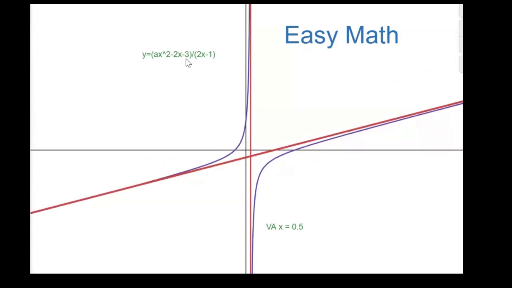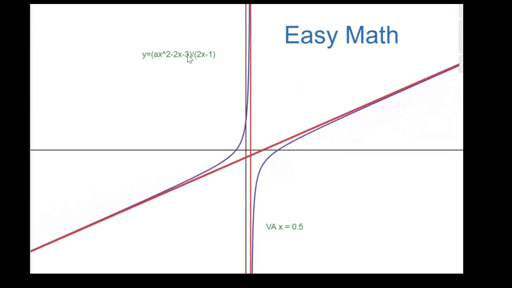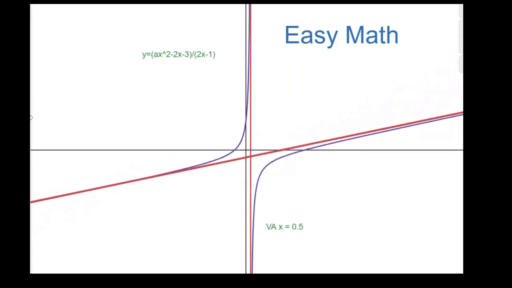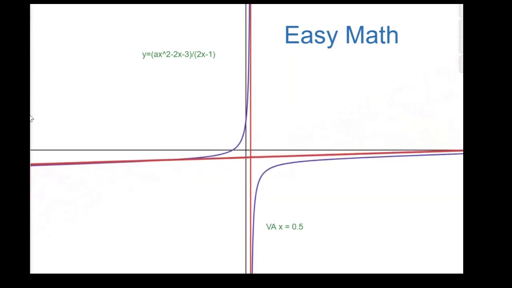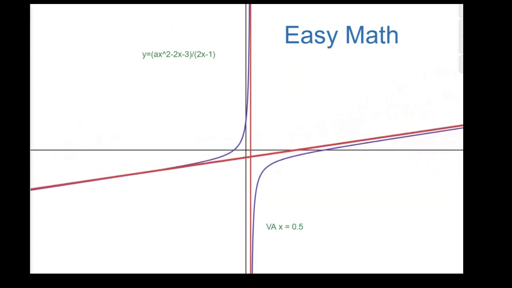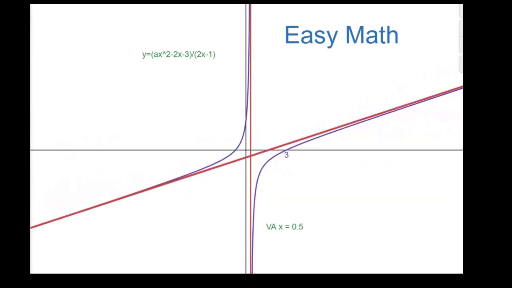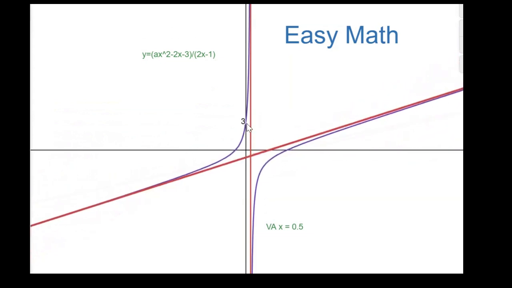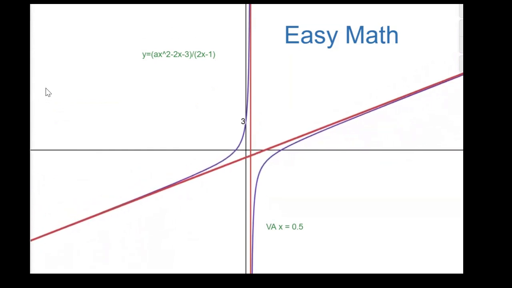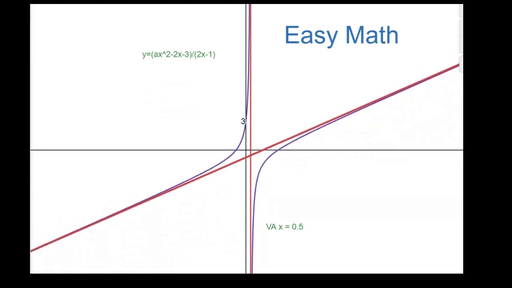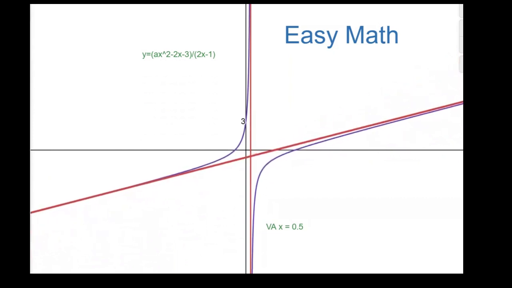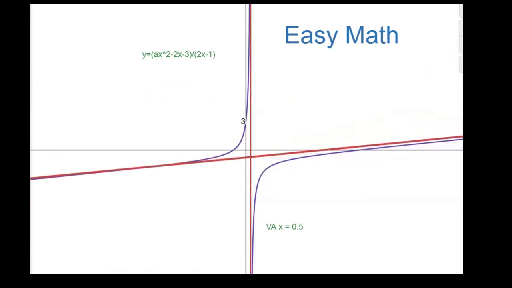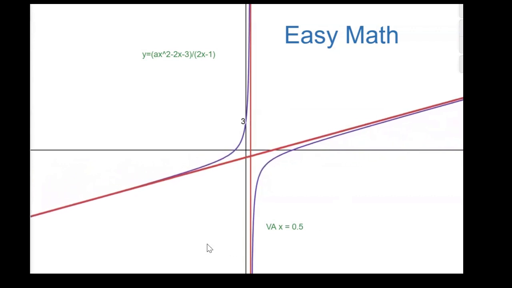And if the constant term of the numerator is the same, the y-intercept is the same, right? Here the y-intercept is 3. And here I set a from 0 to 1. The curve is like that.